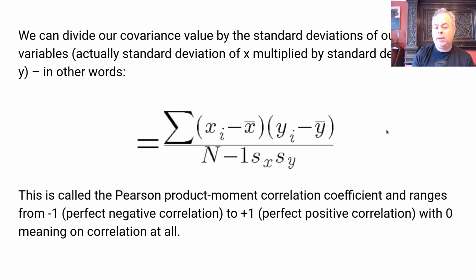And this is actually Pearson's product moment correlation coefficient. And it will range from -1, where there's a perfect negative correlation, to +1, where there's a perfect positive correlation between the two variables, with values around 0, meaning no correlation at all.